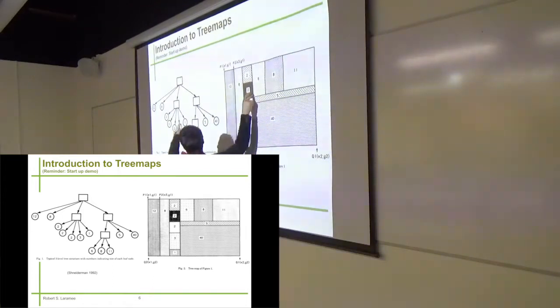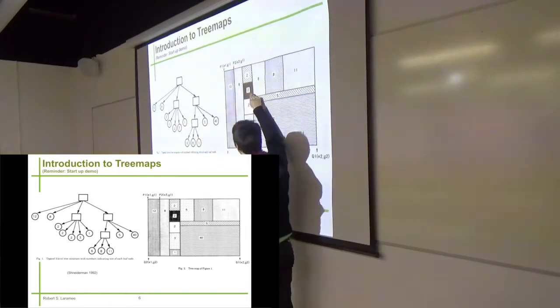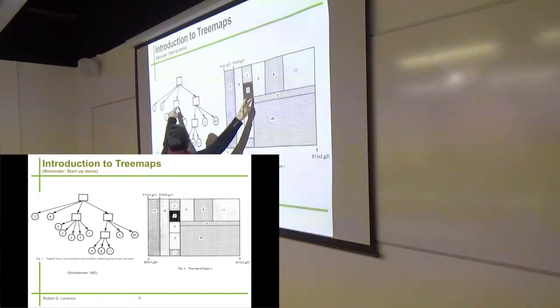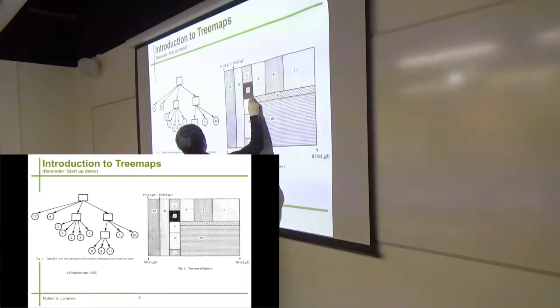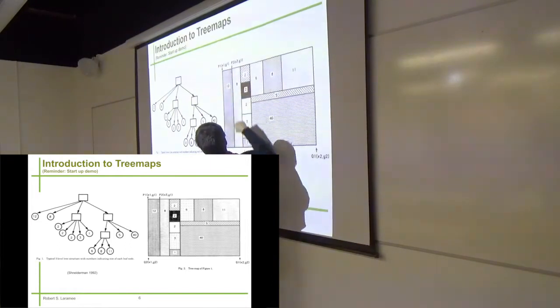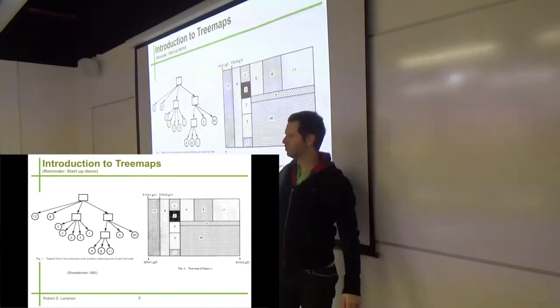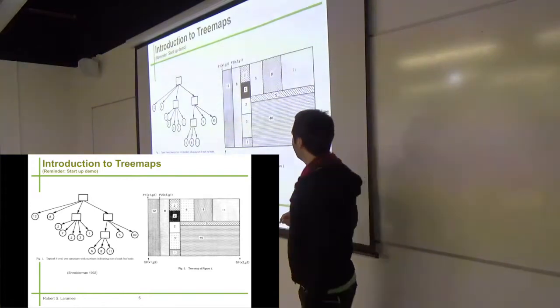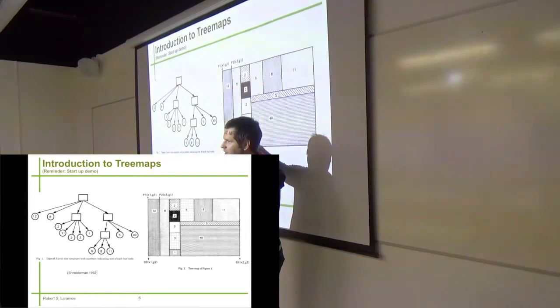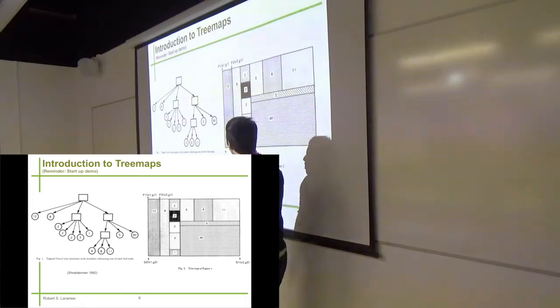And because this is an internal node, it gets subdivided by its own children. Those are all leaf nodes. And the size of the nodes represents the data that they're storing, right? Represents some value. This rectangle is smaller than this one, right? This is representing 1 unit, and that's representing 3.